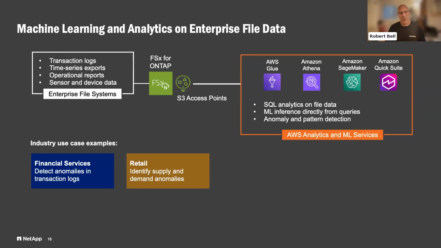If you're in retail, you can find the anomalies when it comes to supply and demand. You can see that potentially there's going to be some issue, and you can prevent that in advance. The same with manufacturing, based on how the equipment has been performing, from the sensor information. If there is a machine that's about to fail, you can prevent that in advance.